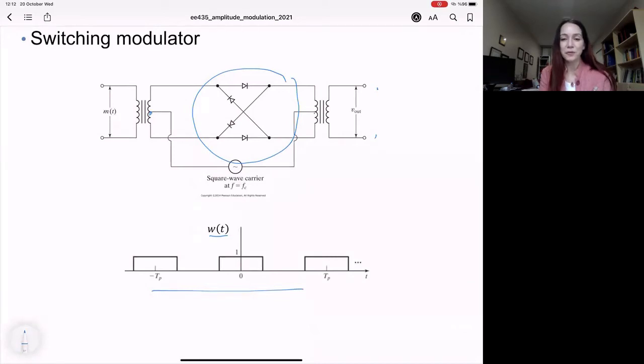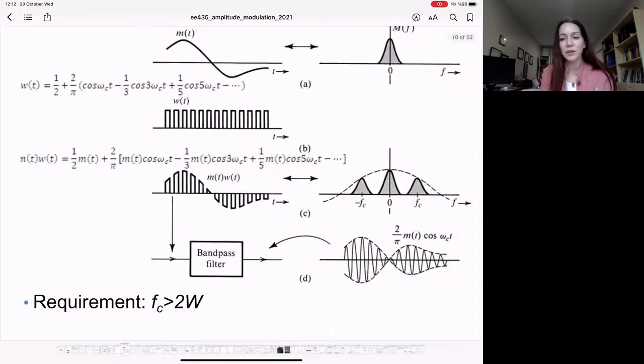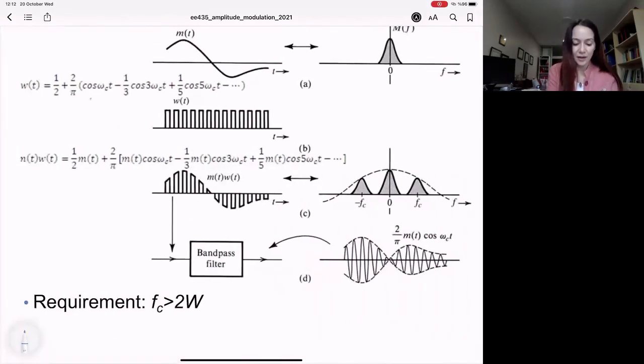Okay, remember your Fourier series expansions, and you'll realize that a square wave is made up of sinusoids, right? So you can see this as a Fourier series expansion. When you expand this square wave, you'll see that there's a DC term plus the first harmonic, which is at wc, the third harmonic, etc. Only the odd harmonics are appearing here.